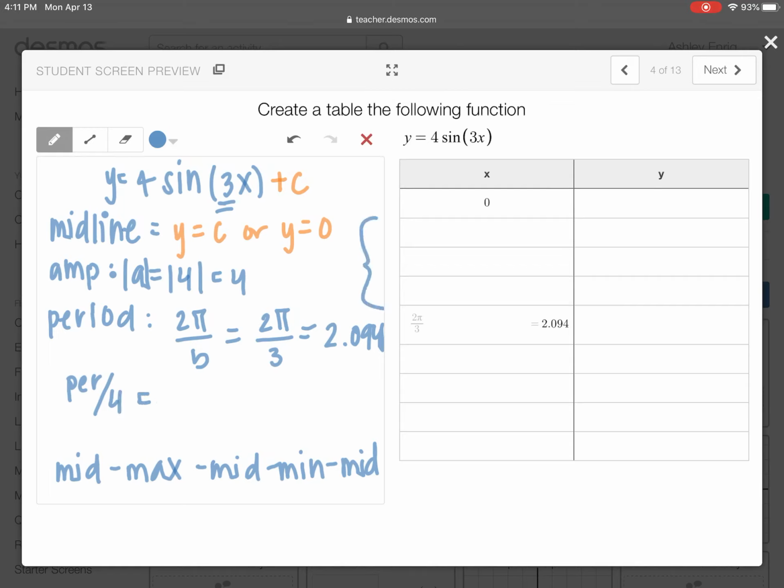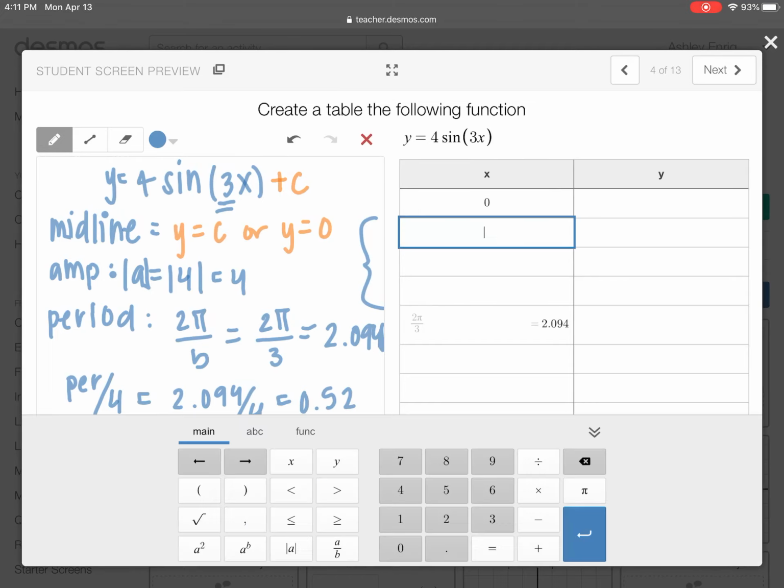So 2.094 divided by 4 is 0.5235, let's say 0.52. Let's just leave it like that. So that means that we want this one to be 0.52. And then you're going to add that to each number after that.